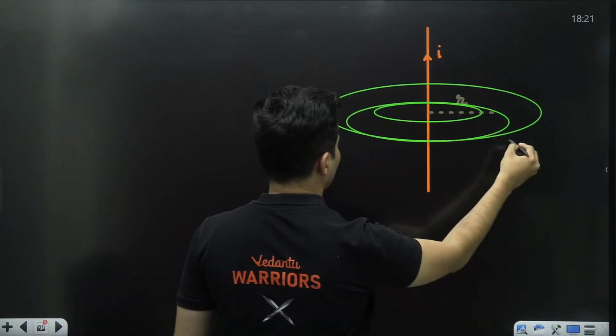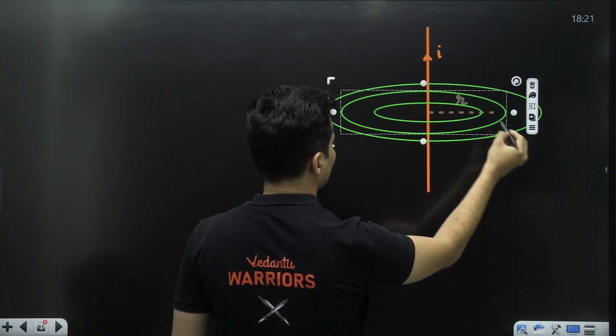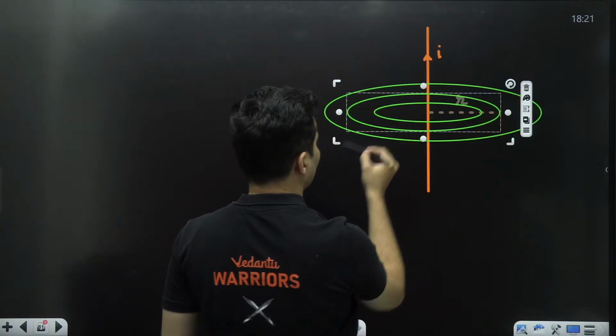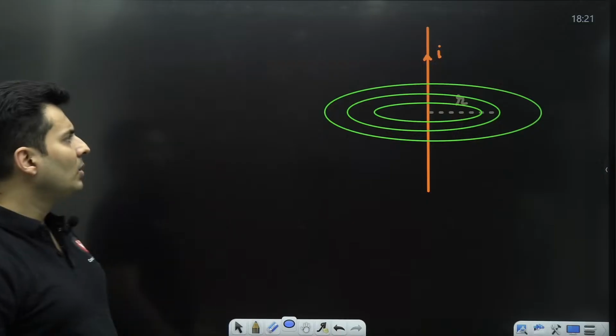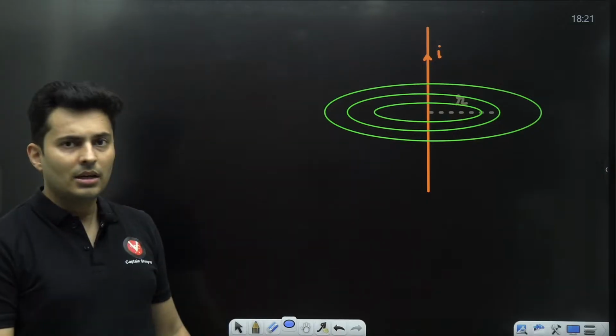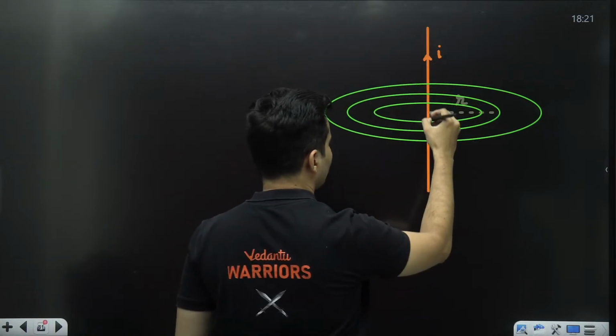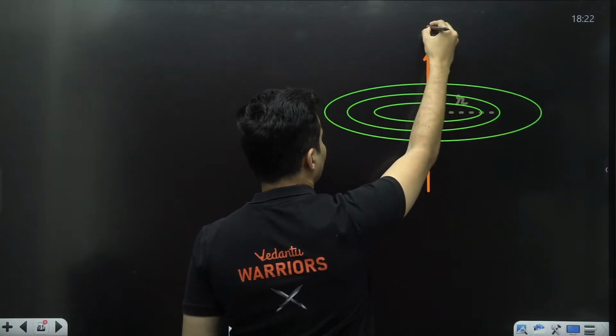Then a magnetic field line exactly passing through that particular point, maybe somewhere over here. So this is how the magnetic field lines will look like around that wire which is basically carrying current.